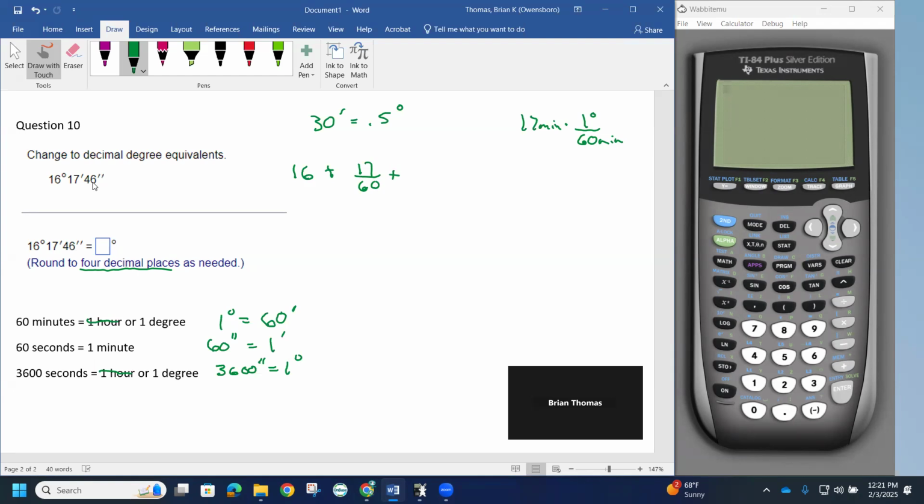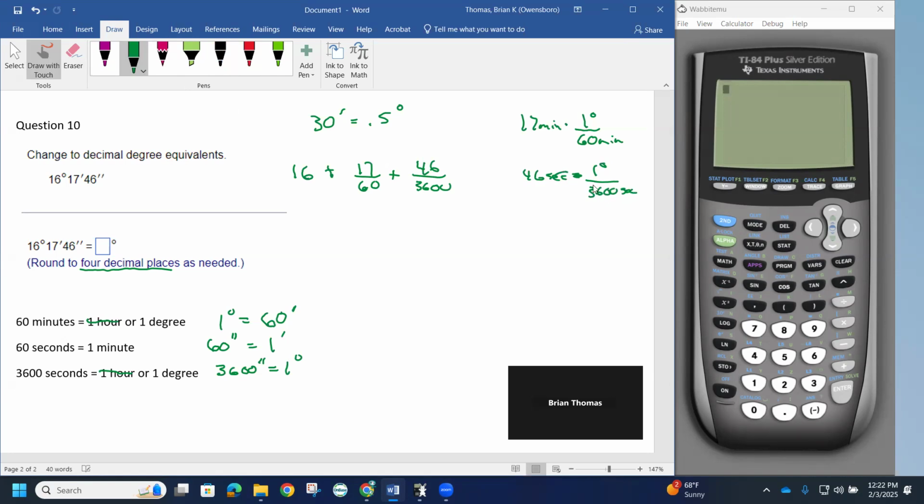And then what I also have to do is convert the 46 seconds to degrees. So the 46 seconds has got to be divided by 3,600. If we multiply by the conversion factor, since we're converting to degrees, we have 1 degree for every 3,600 seconds.